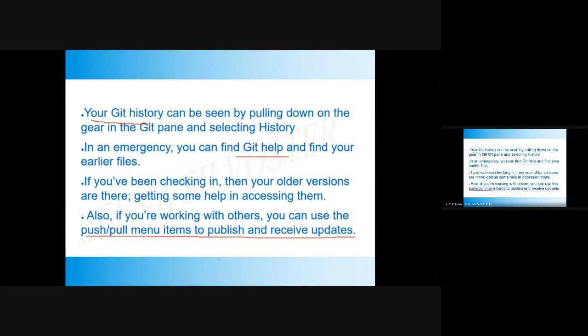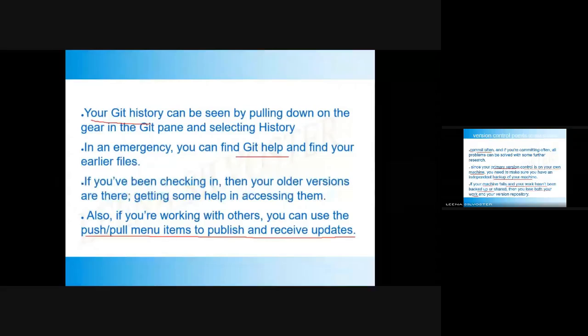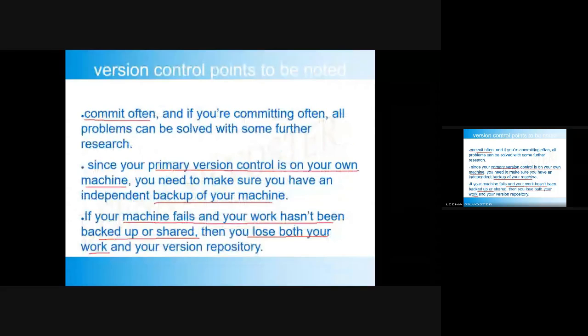So you can share your work with others. Sharing is done using the push or pull command. Push or pull commands are used to publish and receive updates. Version control points: commit often.